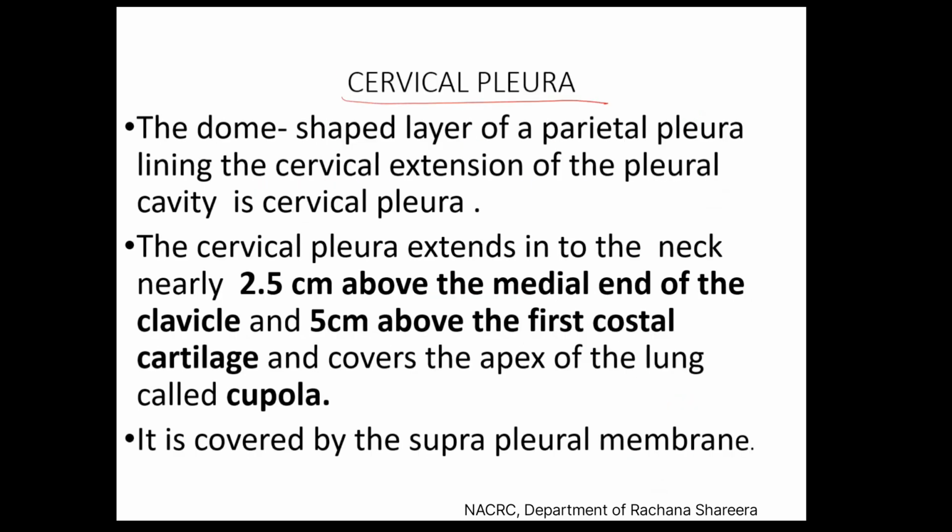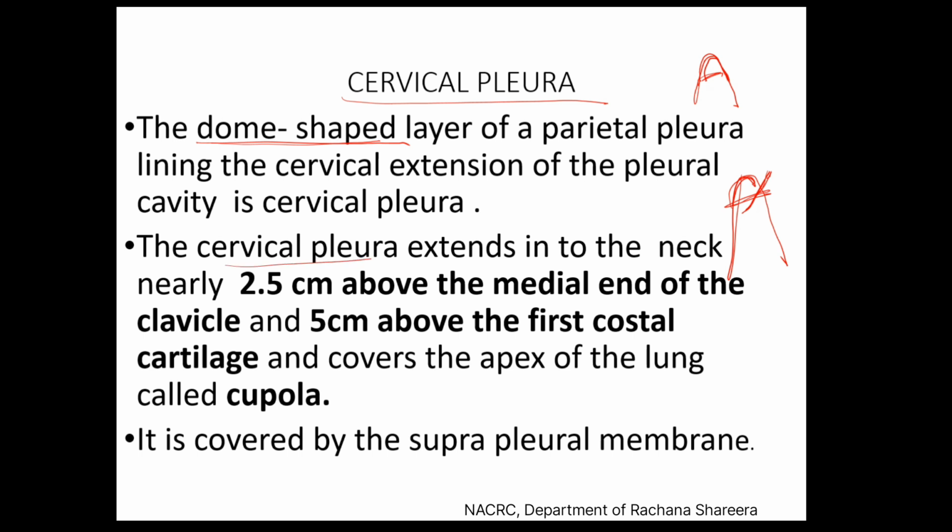Cervical pleura, dome shaped. The cervical pleura covers the apical part or apex of the lungs. So naturally it is dome shaped because the apex of the lungs is also dome shaped. The apical part of the lungs is above the first rib and clavicle.